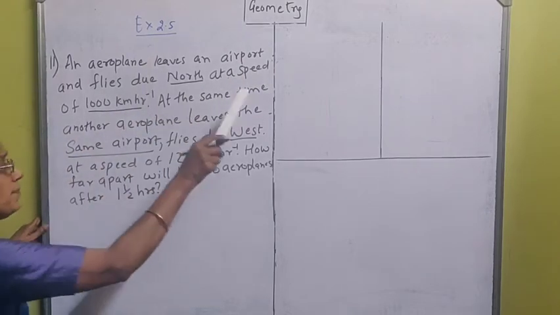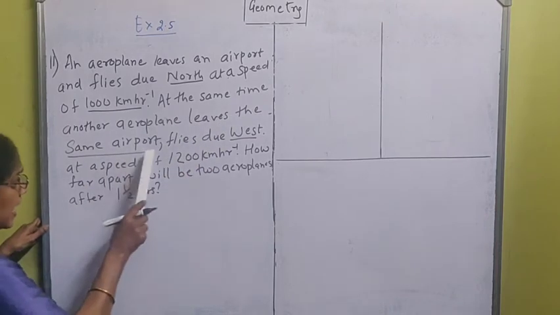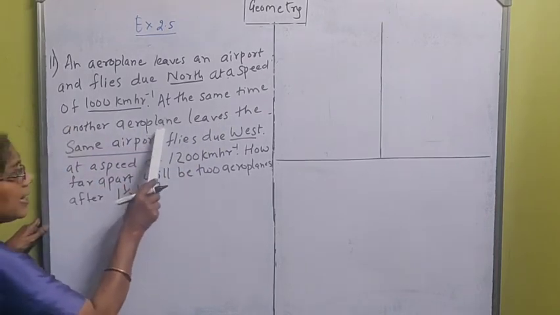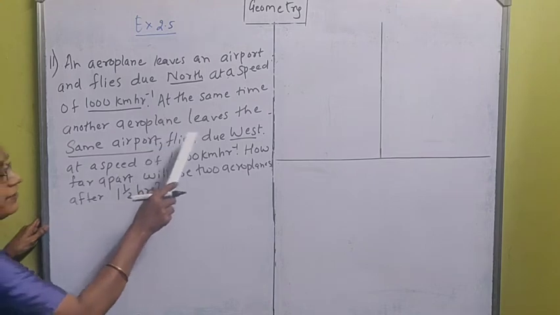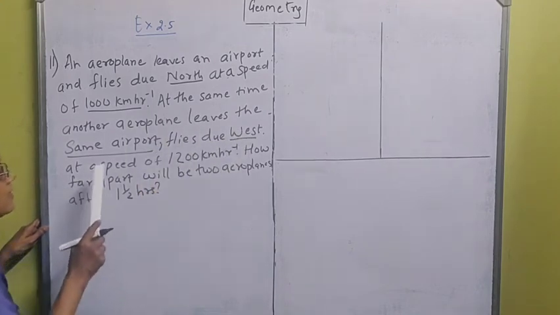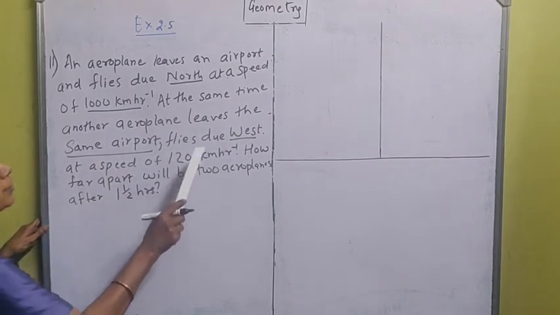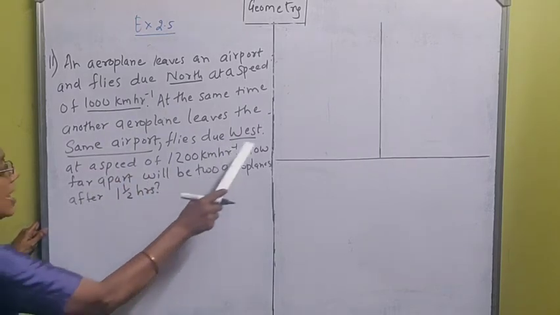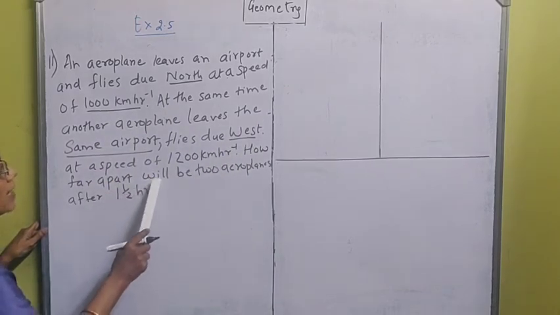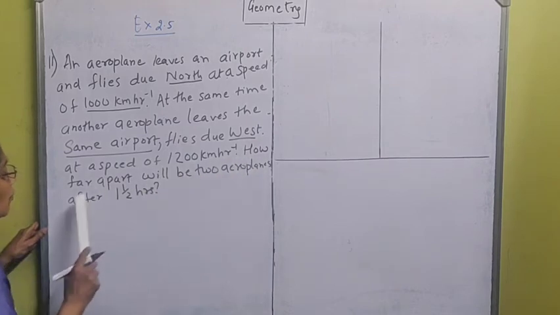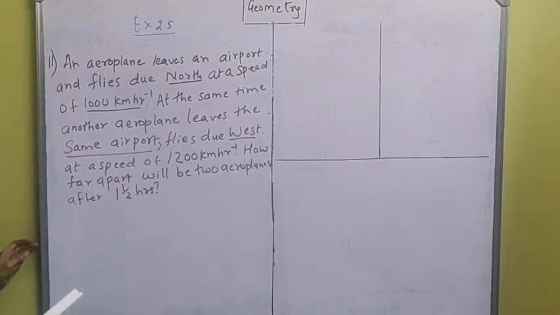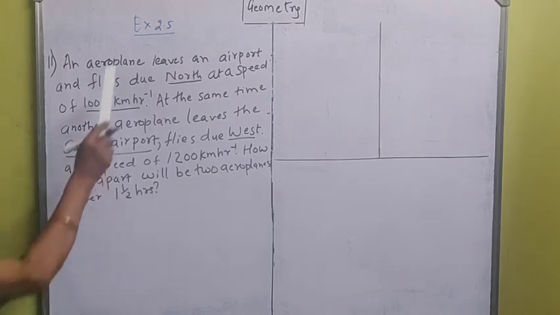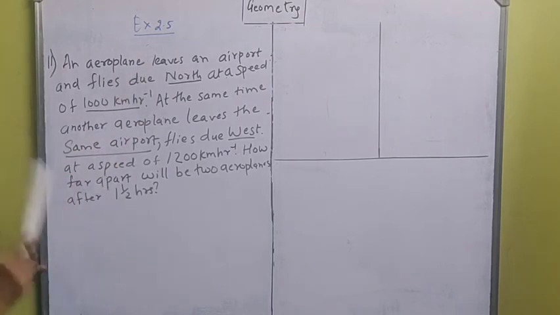At the same time, from the same airport, another aeroplane leaves and flies due west and its speed is 1,200 km per hour. What is the question asked? How far apart will the two aeroplanes be after 1.5 hours? So after 1.5 hours, what will be the distance between the first aeroplane and the second aeroplane?